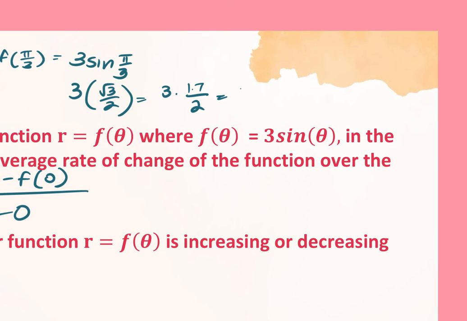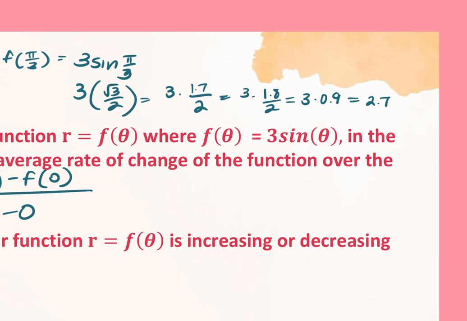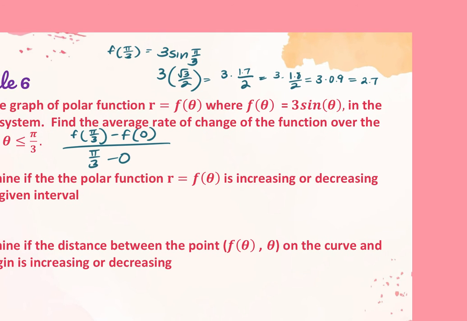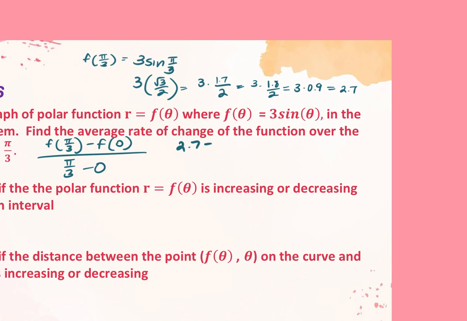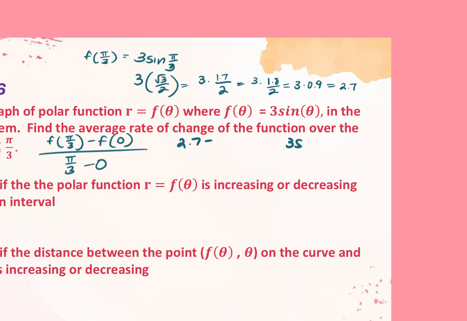So if I wanted to do that, I would make it 1.8 over 2. And 1.8 divided by 2 is what? What's 18 divided by 2? 0.9, and 3 times 0.9 is 2.7. So we're approximating here, okay? So 2.7 minus, then I have to find f of 0. 3 sine of 0.